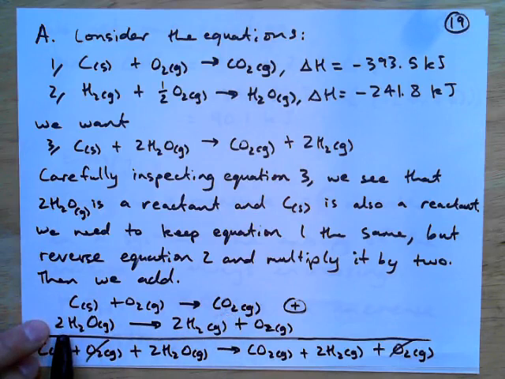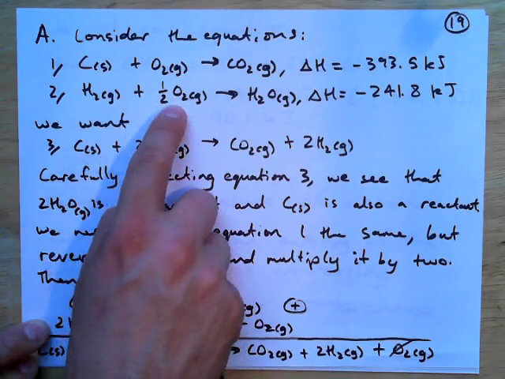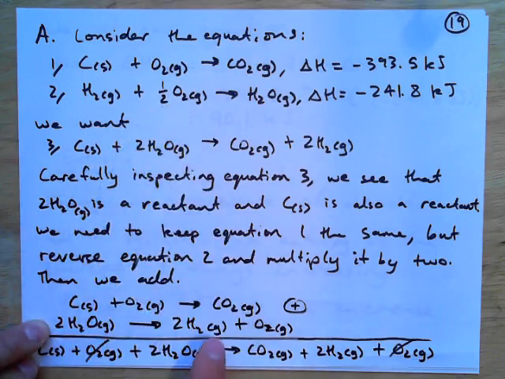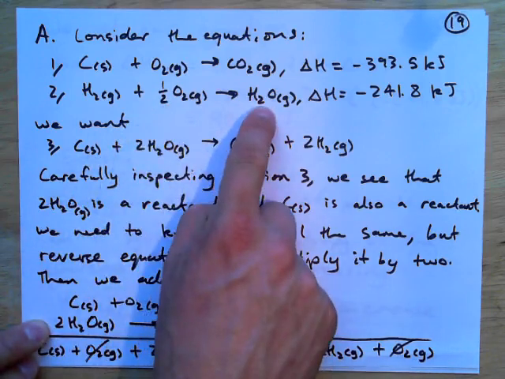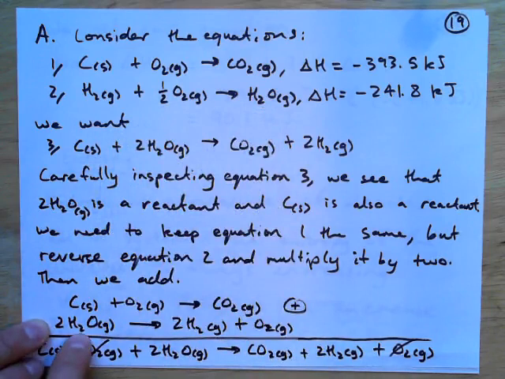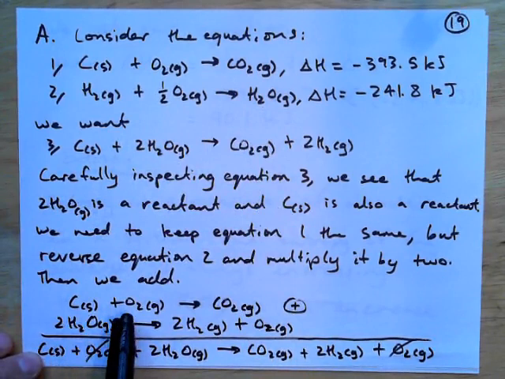Equation 2 here is reversed, so that what was a reactant is now a product, and what was a product is now a reactant. I've also multiplied all these things by 2. So there's 2H2 as a product now. There's 2 times a half, which is 1 O2 as a product here, and the H2O is also multiplied by 2.